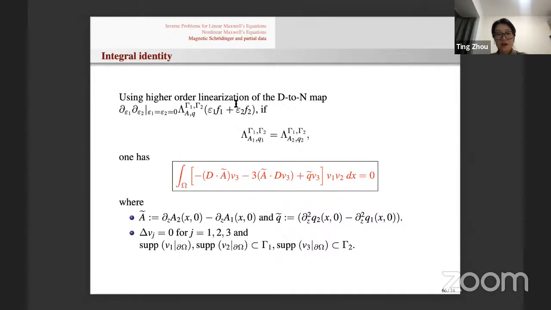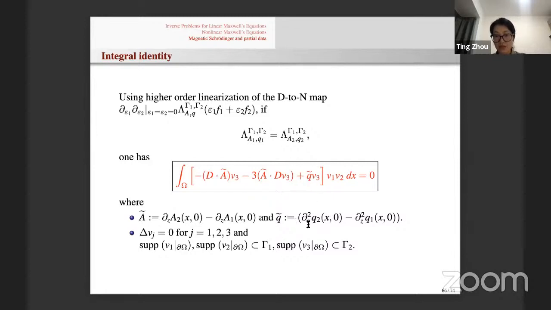So again, we use the higher order linearization approach for the DN map and use two polarization directions. And as a result, by looking at the second order term in the expansion, we can derive this integral identity. Okay, this is very similar to the one we had before without the magnetic potential A. Q tilde, when I add the tilde, is really the difference of the two parameters, just for simplicity of the notation.